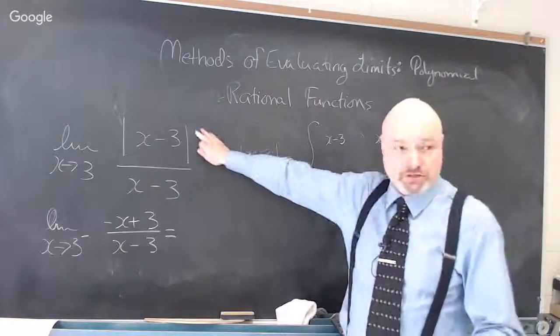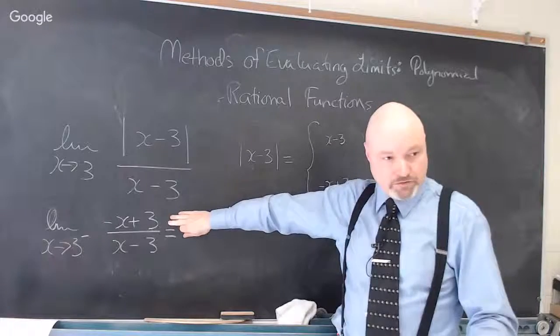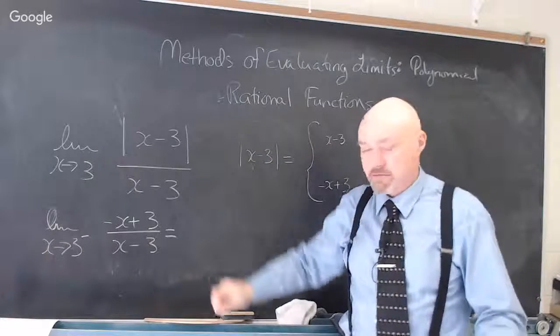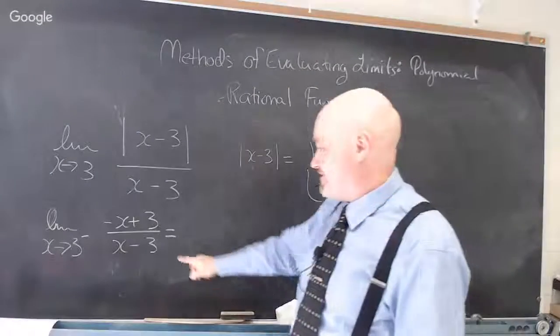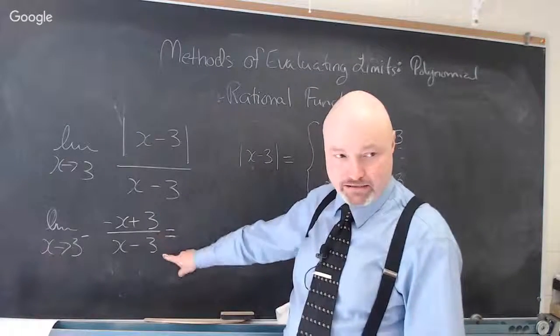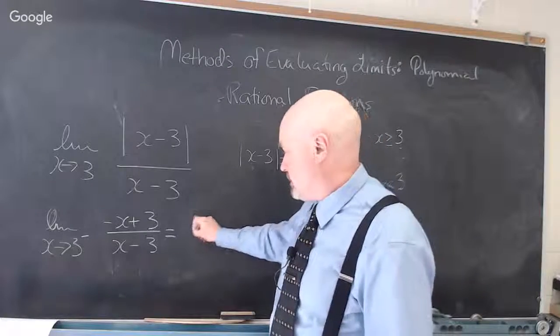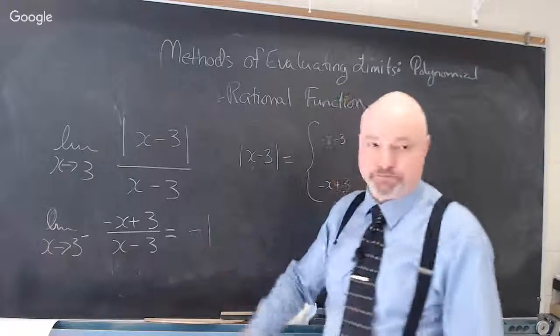Okay, so I've just substituted this value from the piecewise function up here. I'm approaching 3 from below, and this actually cancels out to be equal to -1.